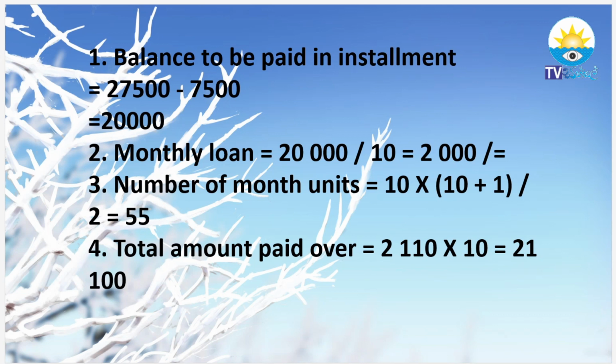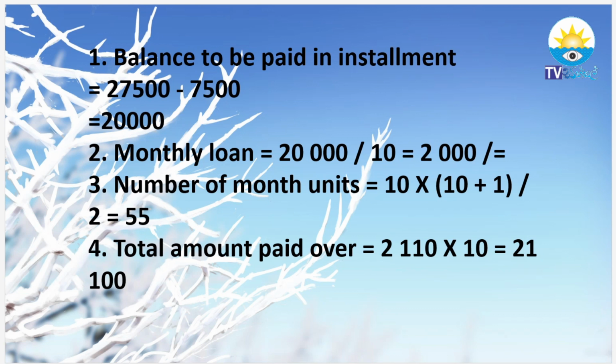In the fourth step, total amount paid within 10 installments, you have to multiply the size of the installment by the number of installments, that is 21,100. That is the fourth step.